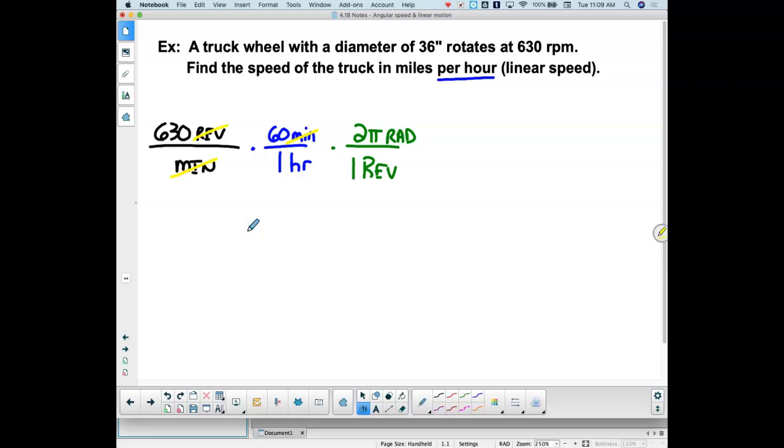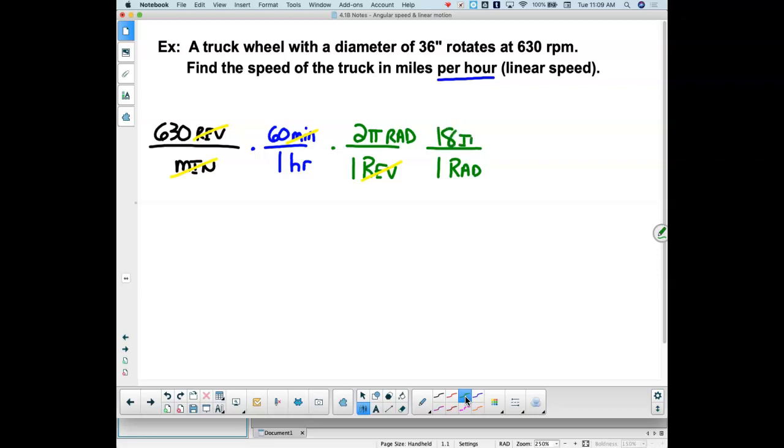Now my revolutions are gone, and so I'm in radians per hour. One radian is the same as one radius. What is the radius of this circle? 18 what? 18 inches. Yes, ma'am.